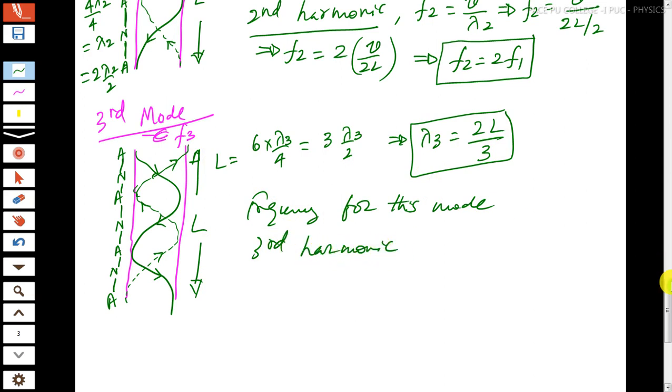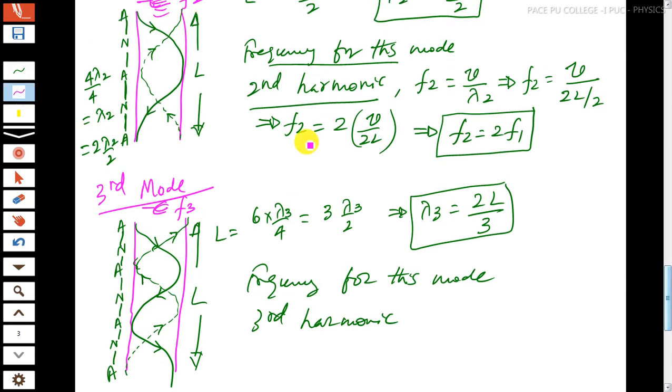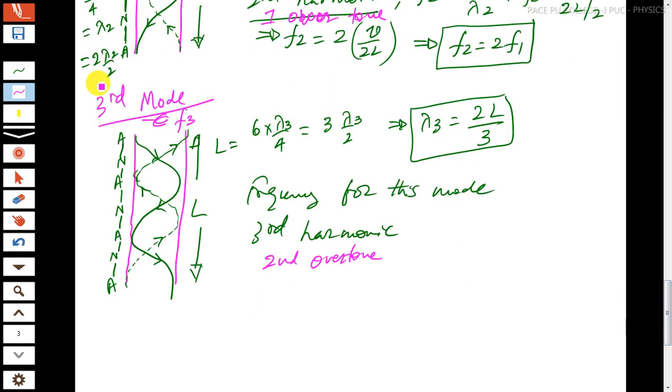Okay, be careful. The second harmonic is the first overtone, and the third harmonic is the second overtone. So second overtone, otherwise third harmonic, for the third mode of vibration.